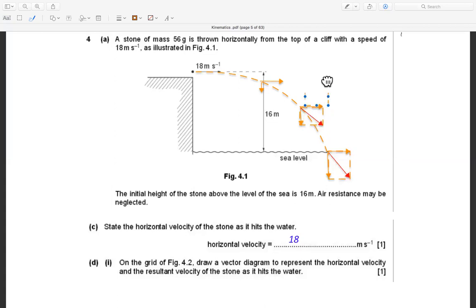And also in this position. So the red one is the resultant velocity. Okay, that's it.